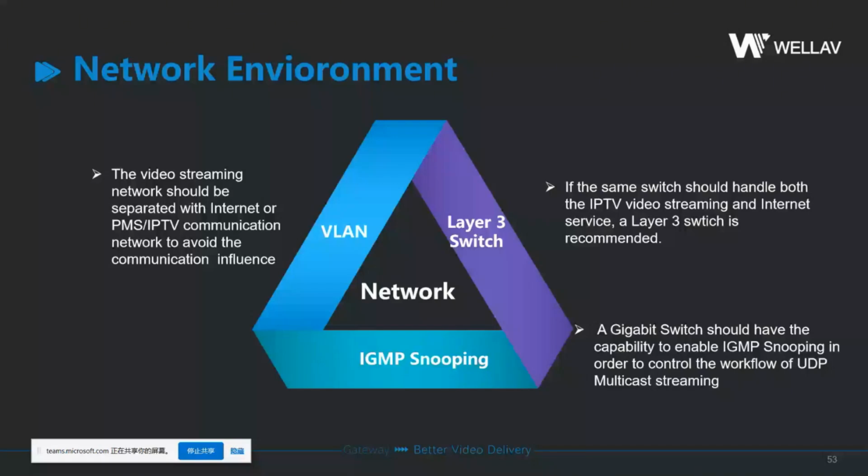For instance, we have the internet service in VLAN 1, then we use VLAN 2 for the video stream service, to separate the interaction between the internet data service and the IPTV video stream service. This is a typical way we do the actual deployment for secure, proper streaming of the IPTV service, and to avoid influence on the internet service of the hotel room.